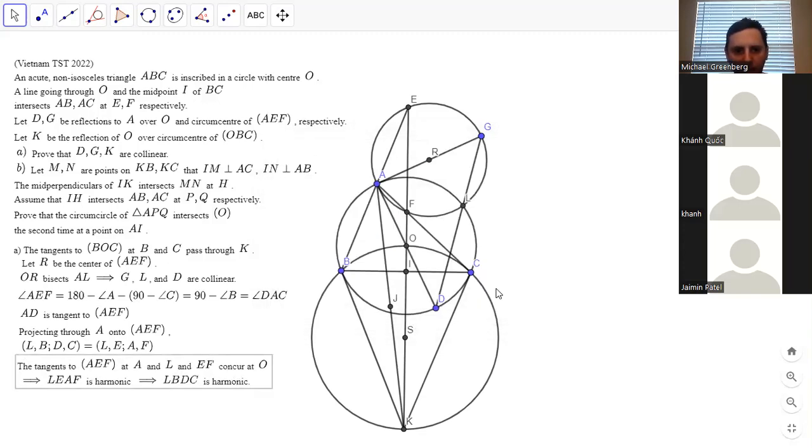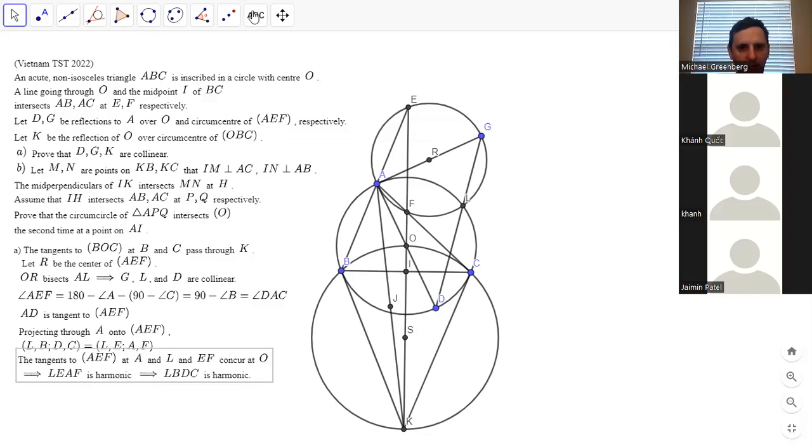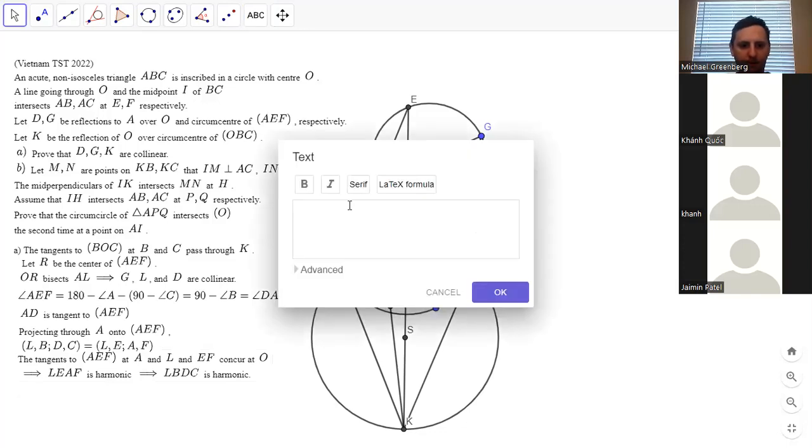So LD passes through K, and so D, G and K are collinear. That's a nice one. All right, so that is part A.